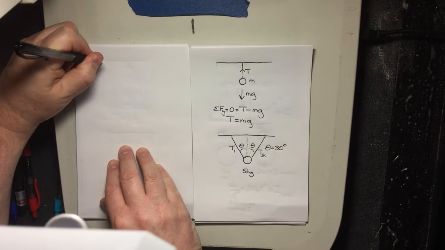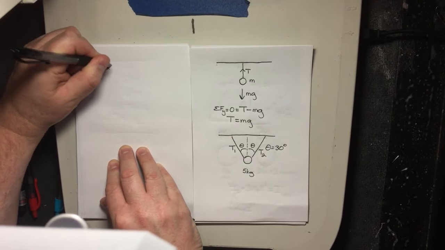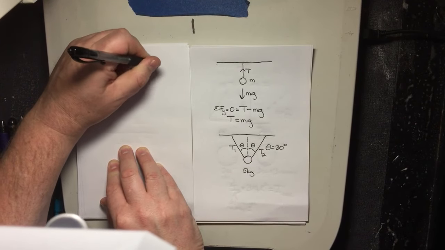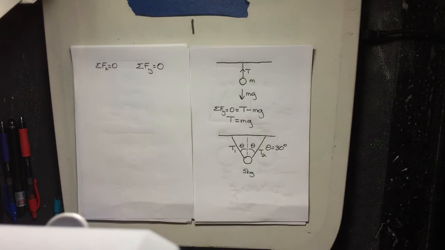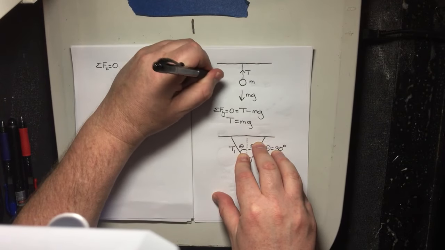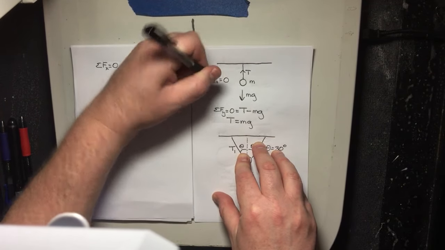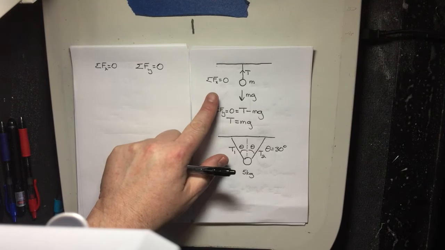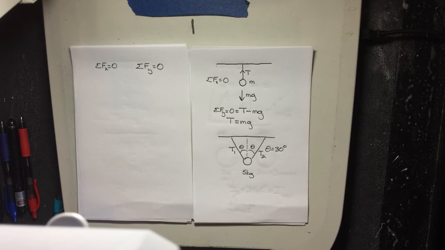If it's not moving, you can say that the sum of the forces in X are equal to 0. And you could say that the sum of the forces in Y are equal to 0. Over here, the sum of the forces in X are equal to 0, just as in this example. But the big difference is this equation is boring. There are no forces acting in the horizontal, so why bother writing it down?